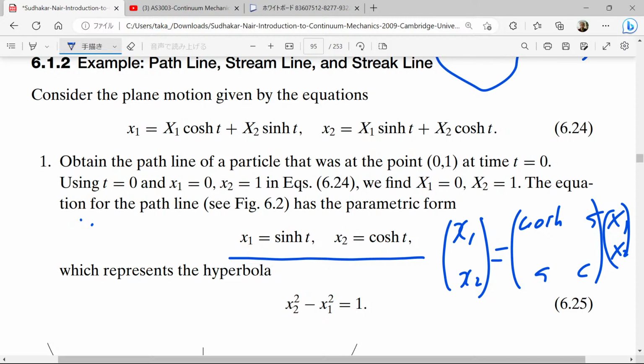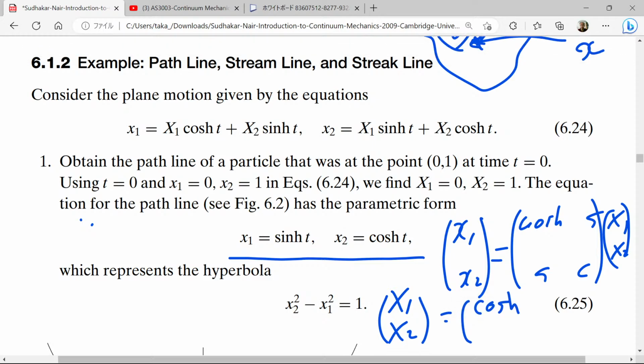Can we invert this same way, with small x1, small x2?